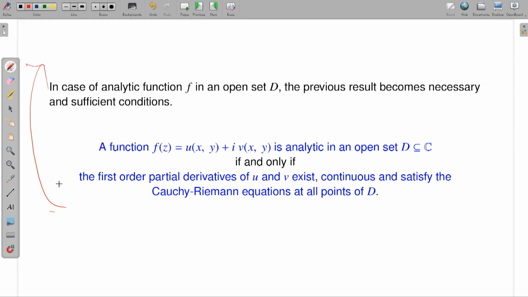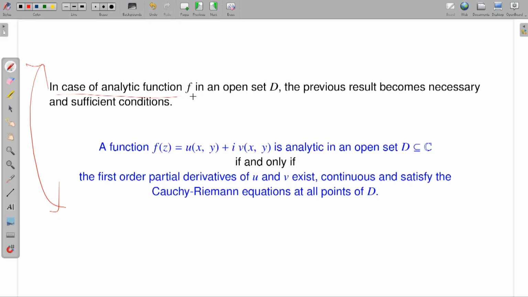Actually, I have just combined the way I have talked about complex differentiability. So I am saying that in the case of analytic functions in an open set D, the previous results become necessary and sufficient conditions.